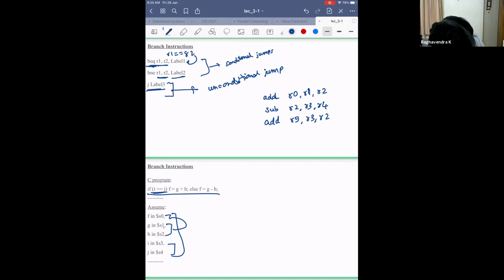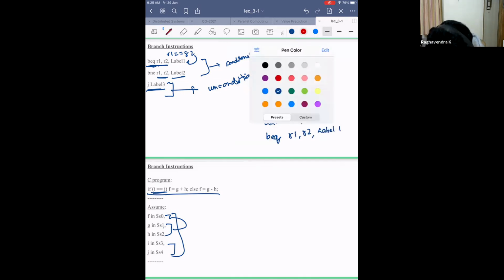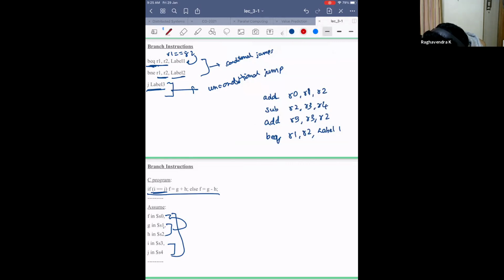Let's say at some point I write branch equal to R1 comma R2 comma label 1. And let's say when I'm writing the assembly code, I name this label 1. So I just add this label 1 here. What do you think will happen?